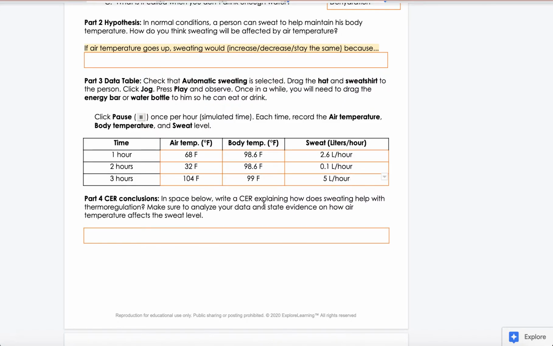For example, you can say that if air temperature increases from 68 degrees Fahrenheit to 104 degrees Fahrenheit, comma, then the sweat would also increase from 2.6 liters per hour to 5 liters per hour, period. So you want to make sure to use numbers from the data table as your evidence, okay?